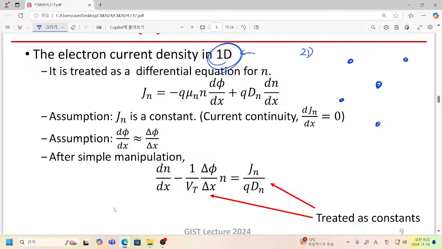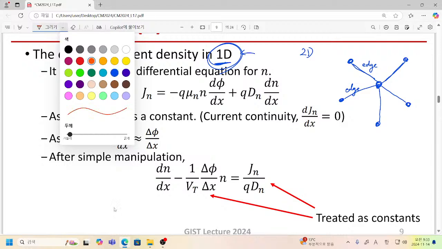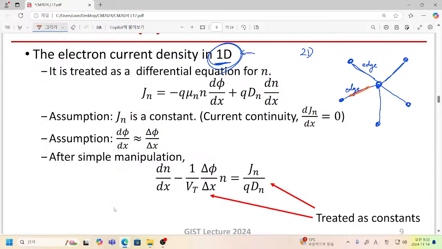Let's say if this is the case, then we can define an edge connecting two nodes, and along this edge this one-dimensional approximation can be applied to this edge current.